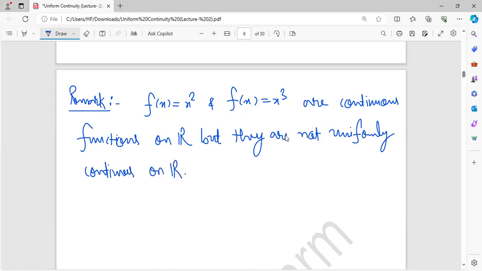So we have examples of continuous functions which are not uniformly continuous, that are f(x) equal to x square and f(x) equal to x cube.